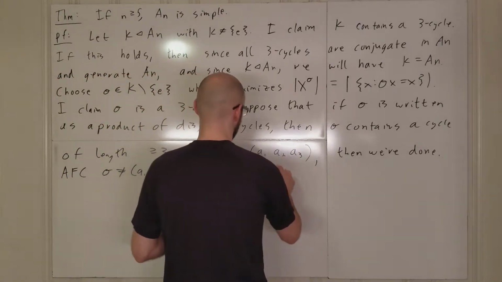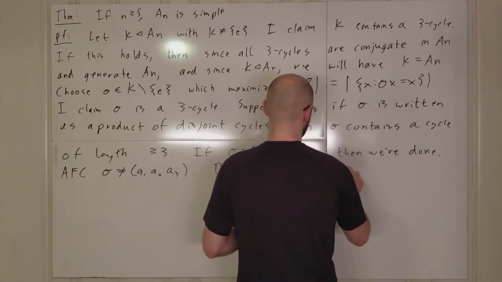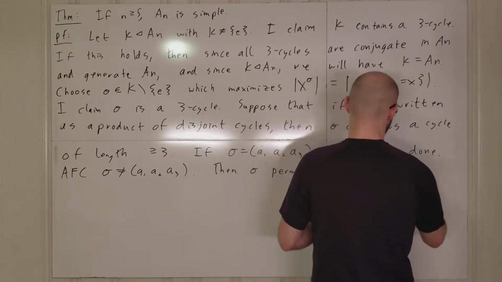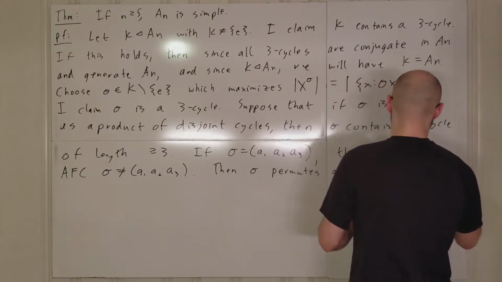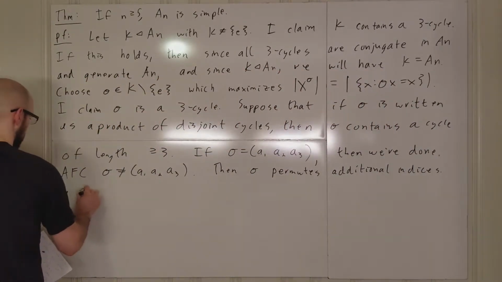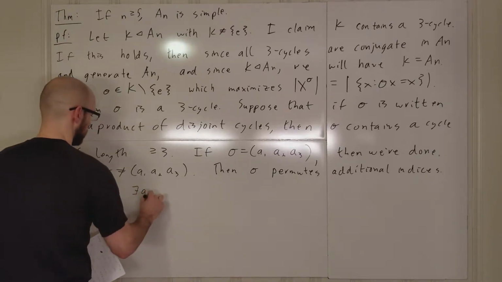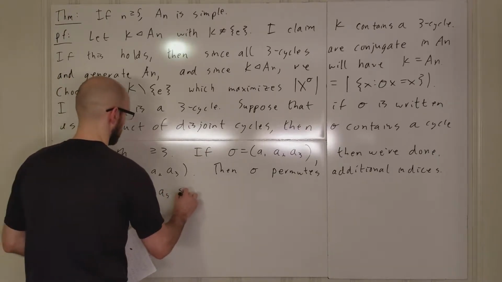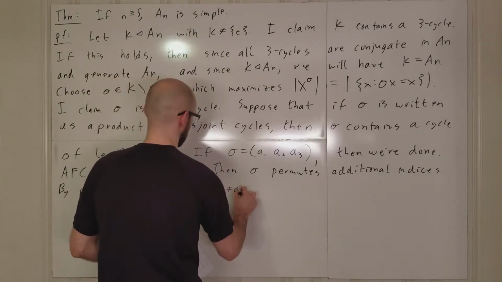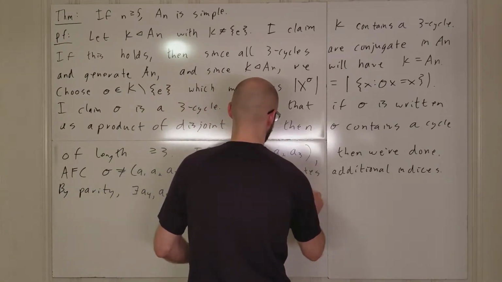Then sigma must permute additional indices, so by parity, there exist a4 and a5 such that sigma(a4) is not a4 and sigma(a5) is not a5.